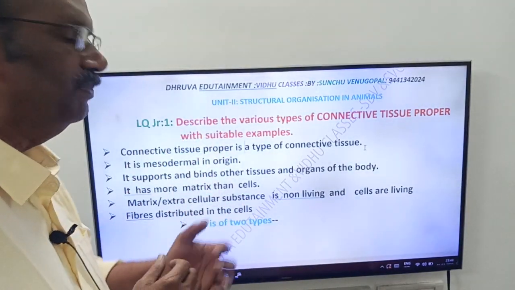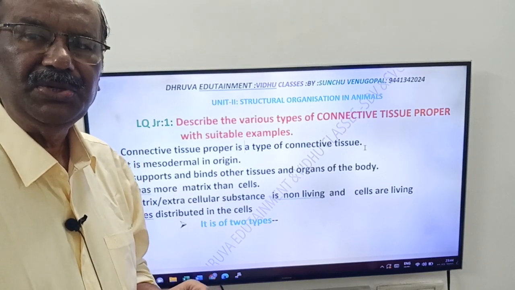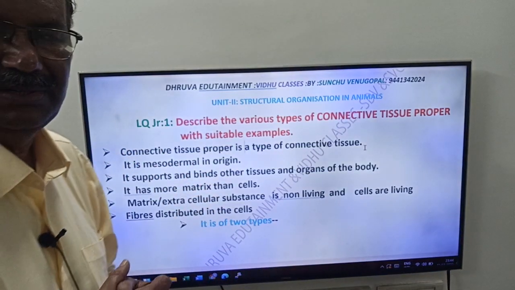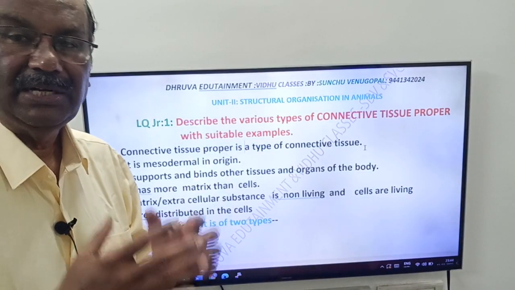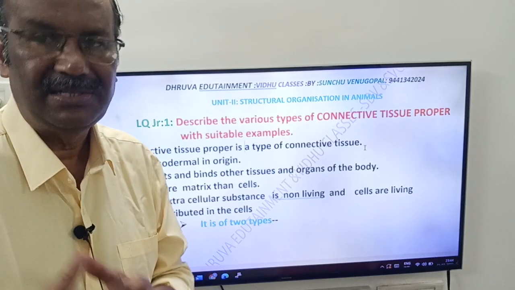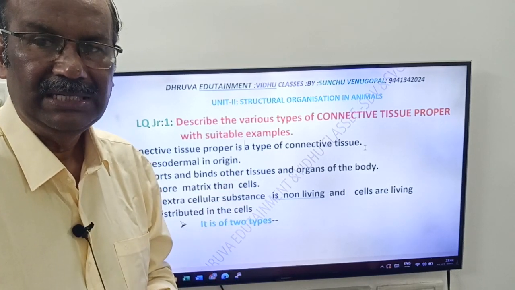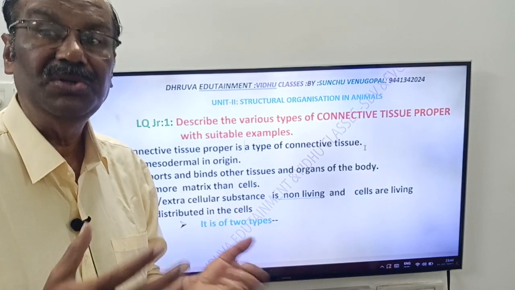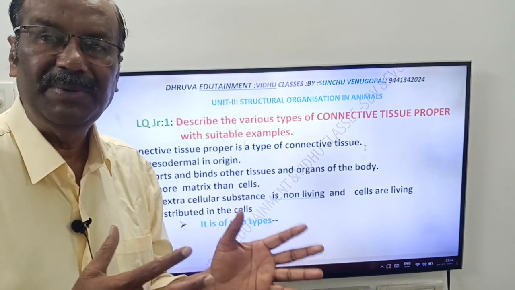This point is important, friends. Connective tissue proper has more matrix than cells. What is matrix? It is extracellular substance or ground substance, in between cells.